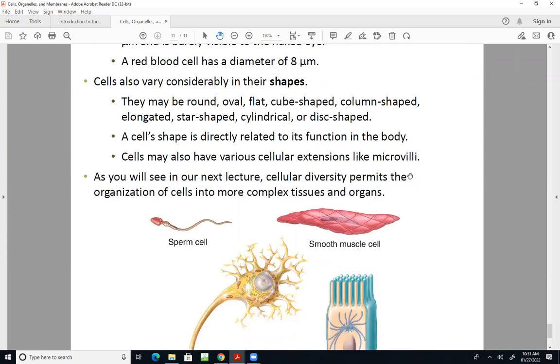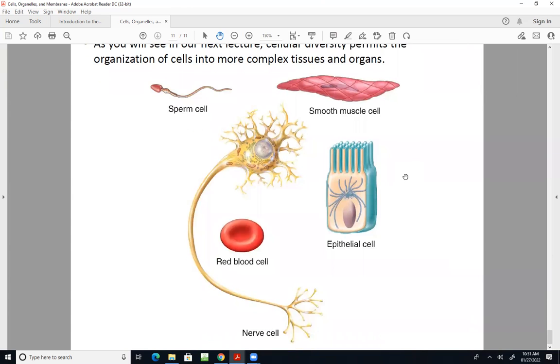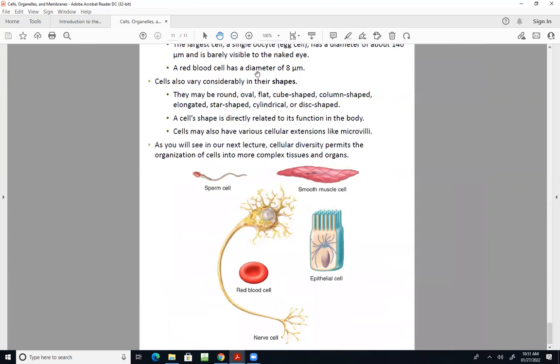Shape-wise and structurally, you can see we've got a few different examples of cells here, and how unique they are from one another. Some are round, oval, flat, column-shaped, cube-shaped, elongated, star-shaped, cylindrical, or disc-shaped. Some will have extensions, like the microvilli and the flagella that we talked about. Some have things like these dendrites.